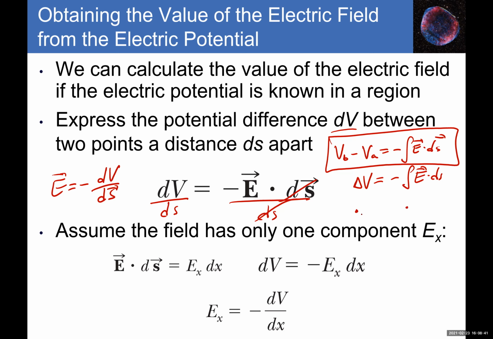If you have point A and point B, and a potential that changes as a function of position, the rate at which it changes as a function of position gives us the electric field. So the negative of the derivative of V with respect to s is the electric field.